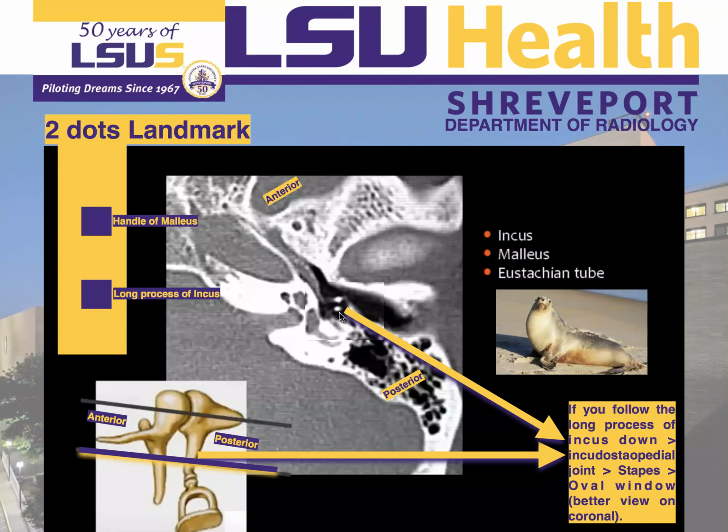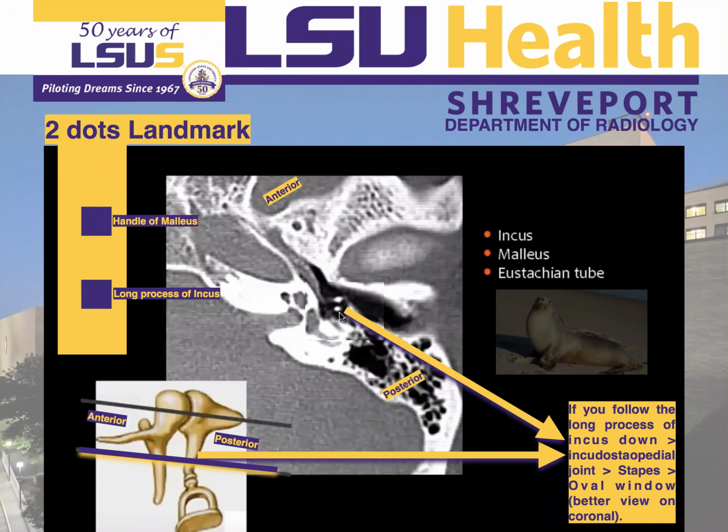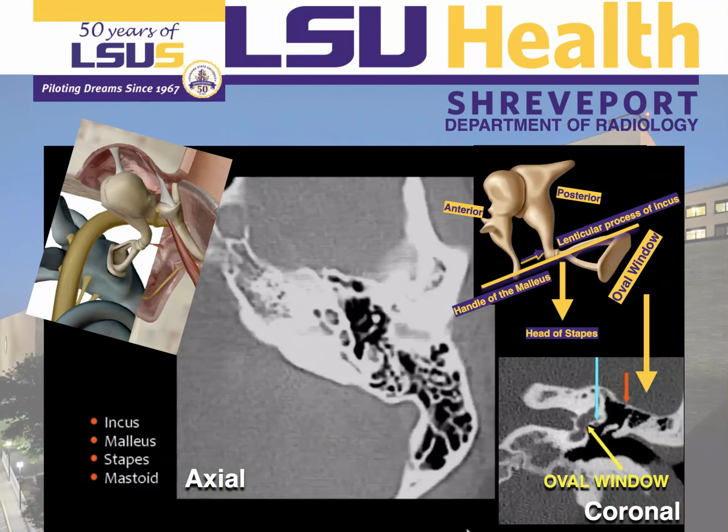And if you follow the stapes, you're going to see the stapes attaching to the oval window, but the oval window is better seen on the coronal view. So let's jump to the coronal view. This is the coronal view, where you can see the oval window. You see, this is the incus, the long process of the incus attaching to the head of the stapes.